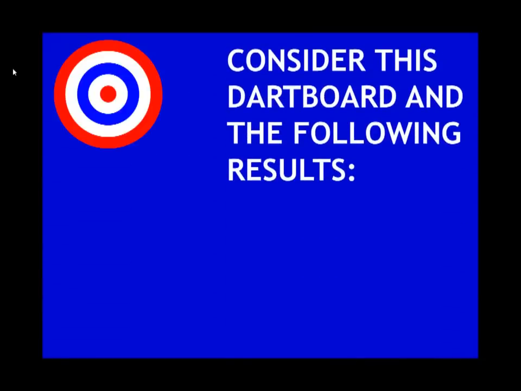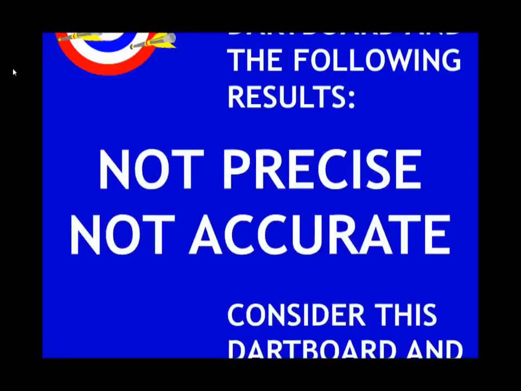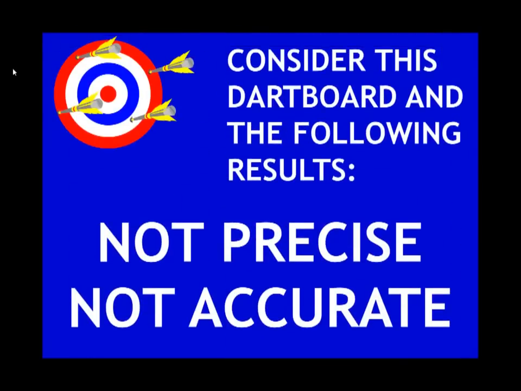So here are some examples. If a dartboard represents a target and the bullseye would be an accurate measurement, that dart, as well as these next three, did not hit the bullseye, so these are not accurate, and because they are so spread out, they're not close together, these measurements are not precise. So not accurate and not precise.